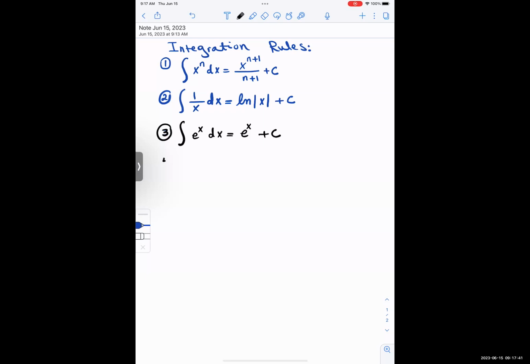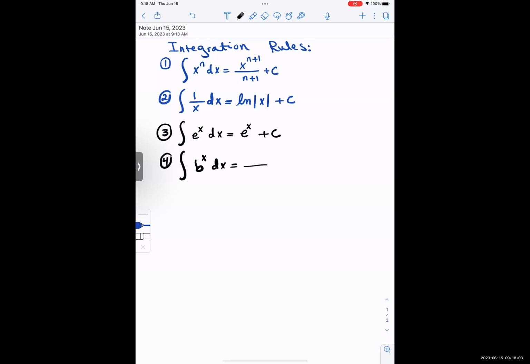Another one, tricky. Number 4. If you have a base b, this time not e, anything to power x, any exponential function, what would be the antiderivative of that? What is the integral of that?